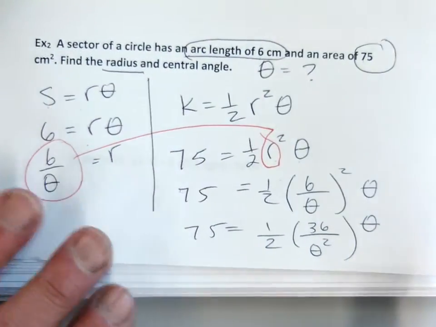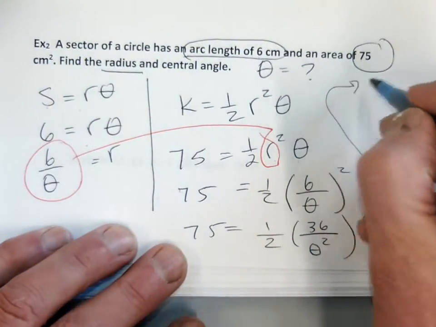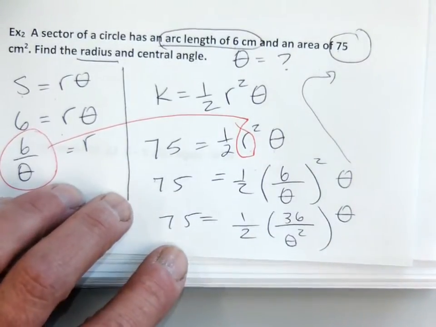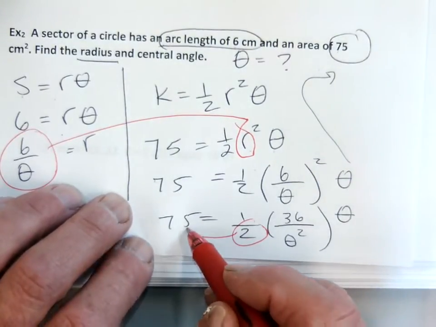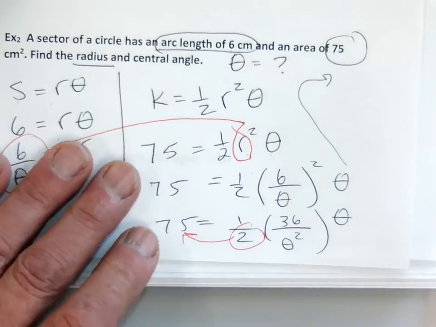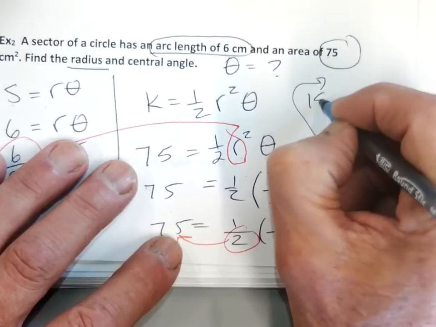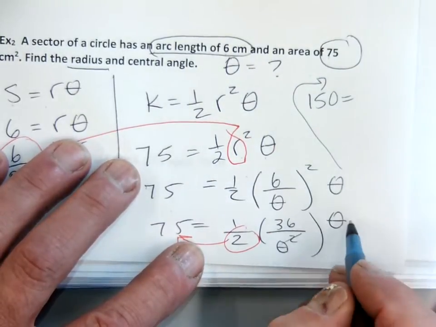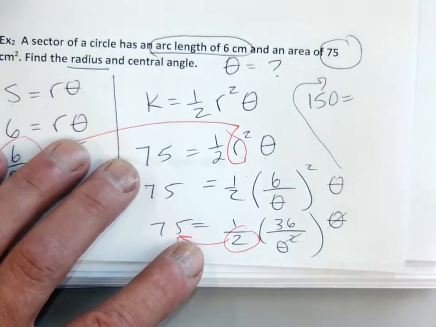I'm running out of room, but I'll scoot it up here. So let's make this a little bit easier. I'm going to multiply by 2. You okay with that? Let me multiply by 2, and I'll put 150 here, is equal to, and I'll cancel a theta for a theta, so I'll have 36 over theta.